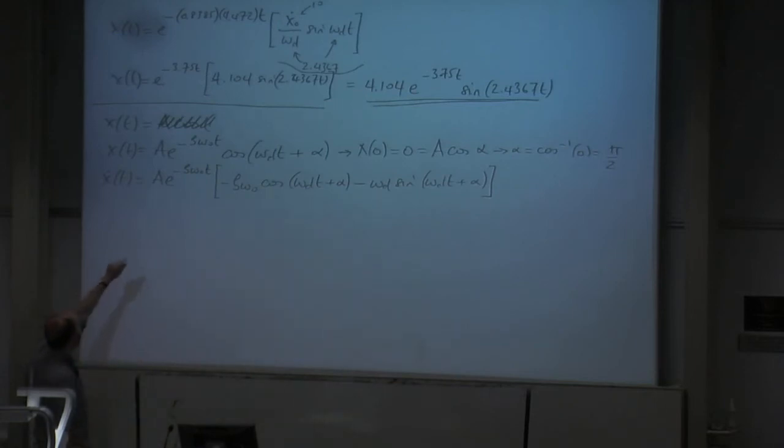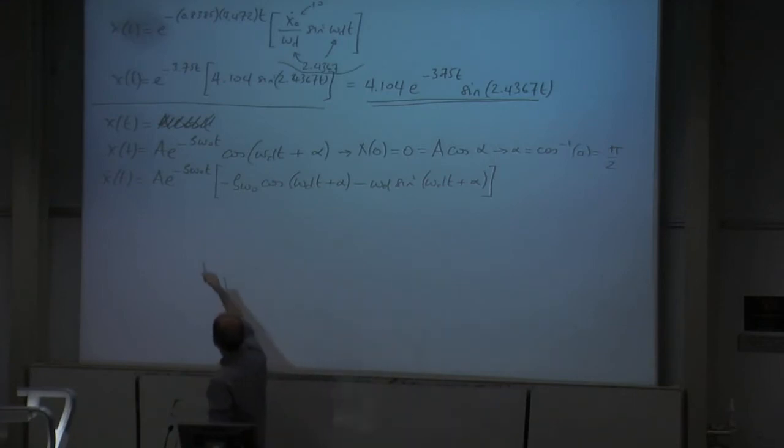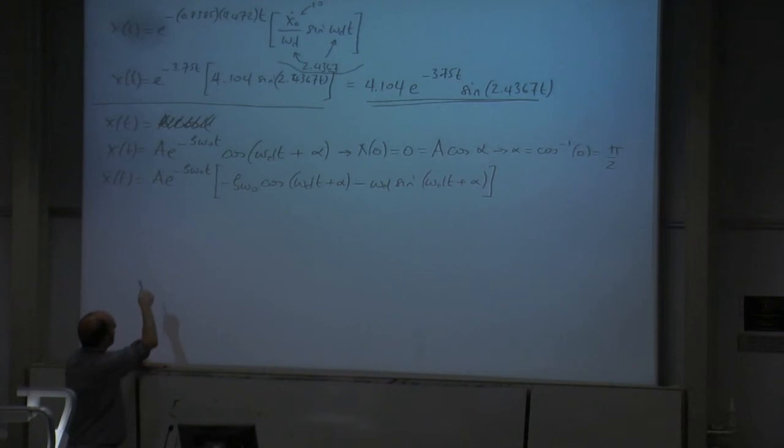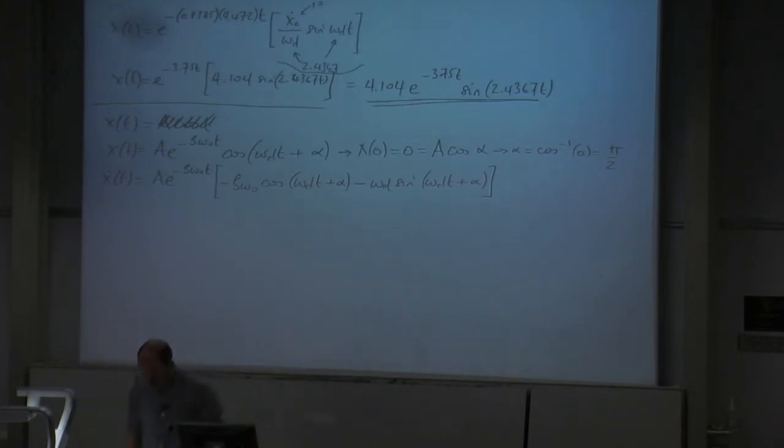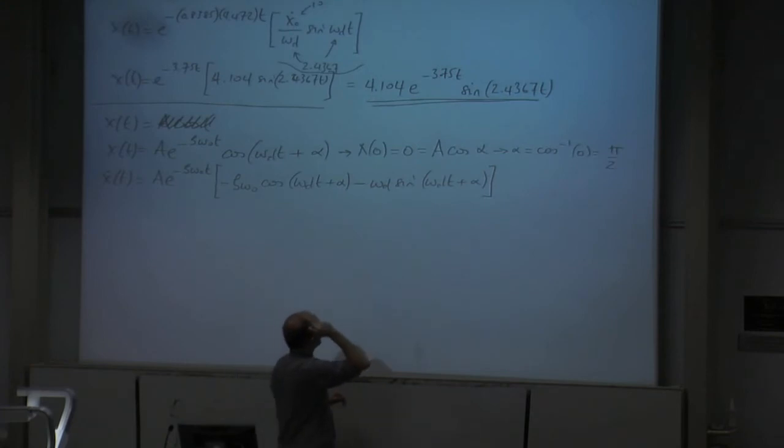That line there is the derivative of the equation there. A is a constant, so that just comes down. We have a minus zeta omega naught that comes out, but we end up with the exponential still there, multiplied by cosine omega d t plus alpha. But then obviously the cosine term has to be differentiated as well. And so you end up with the minus omega d sine omega d t plus alpha.